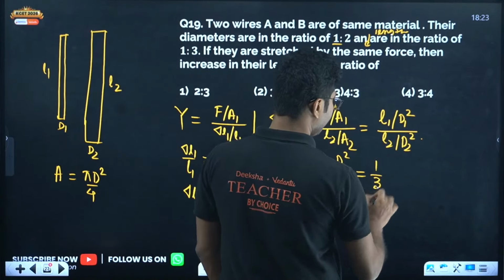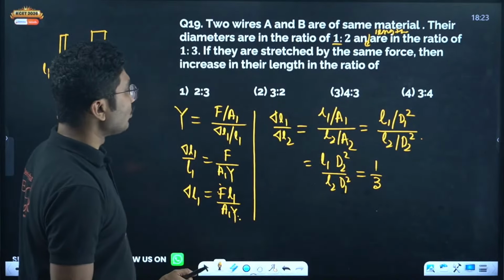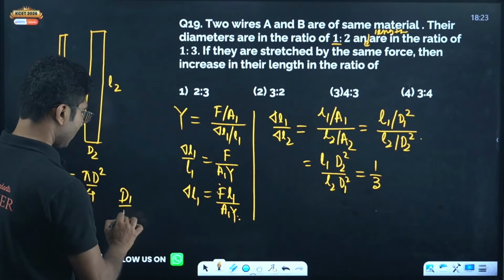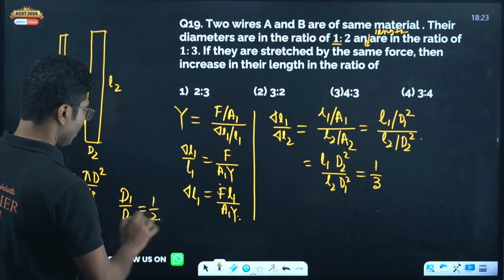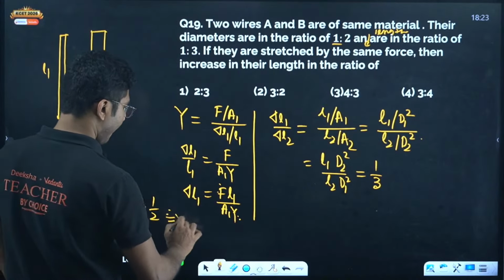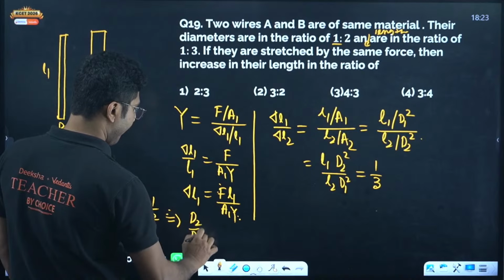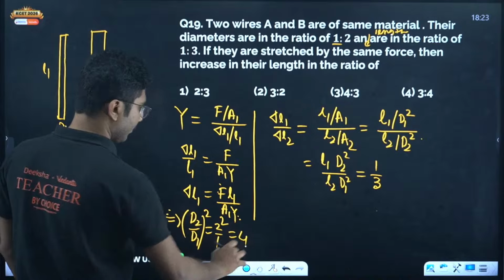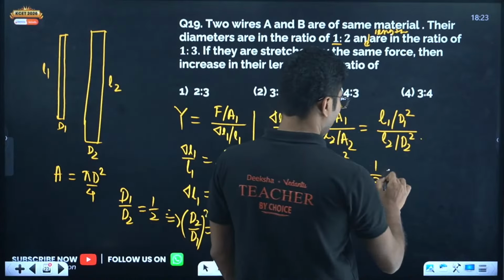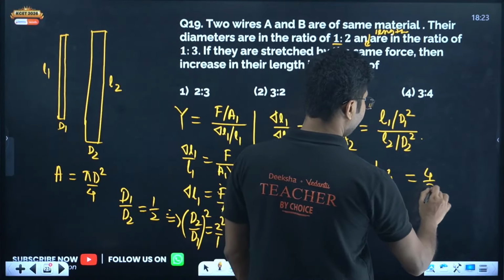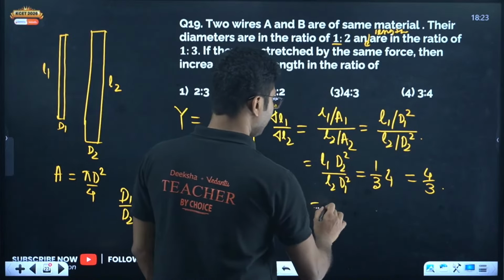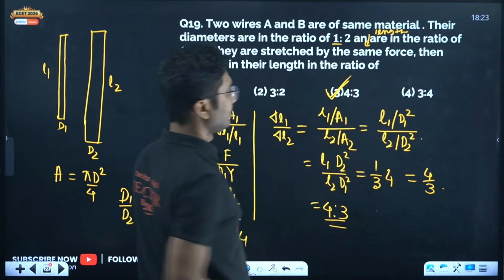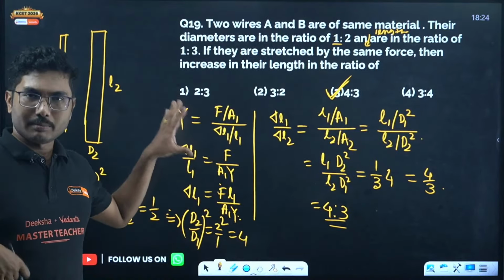And the ratio D1 to D2 is 1 by 2, so D2 by D1 is 2 by 1, and the square of that is 4. So the ratio will be 4 by 3, that is 4:3. So the correct answer is option 3. Not difficult but a little lengthy.